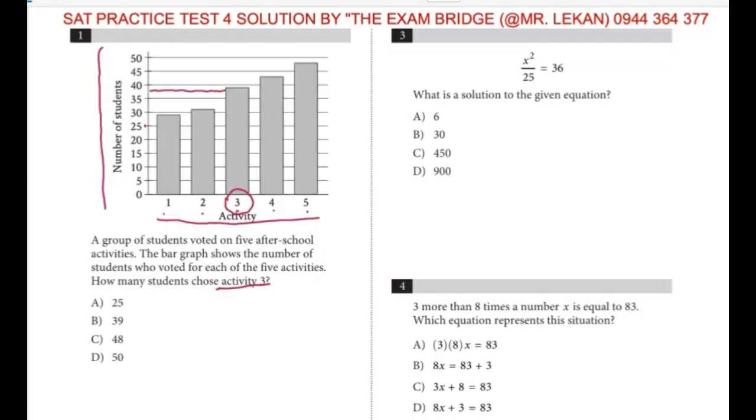As you can see, this is exactly between 35 and 40. The only value that is between 35 and 40 here is 39. So don't make any conceptual error in this case, but that is what they are planning to see. Let's quickly go to question number 2.